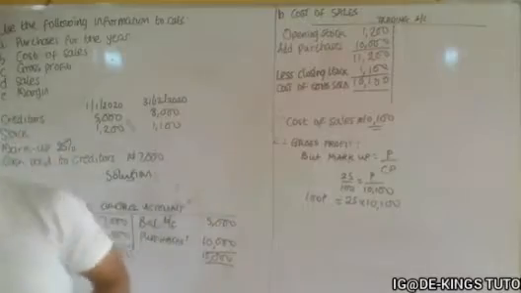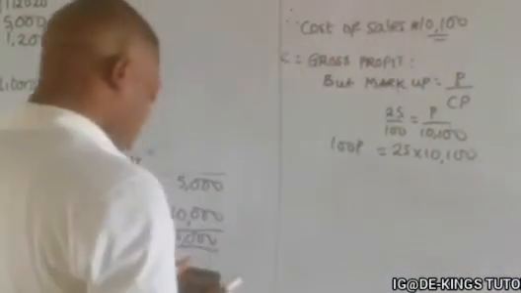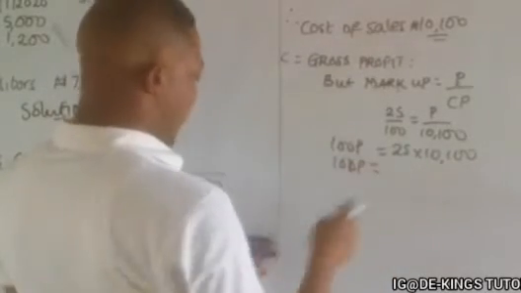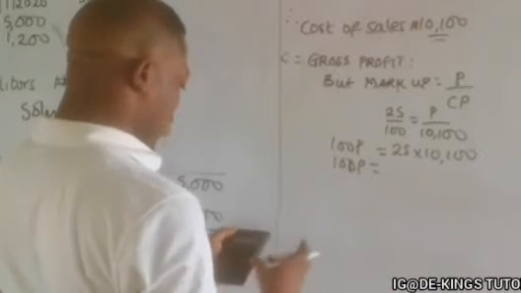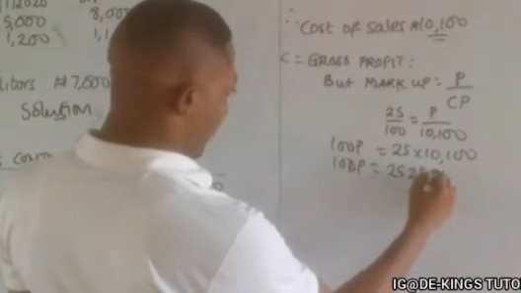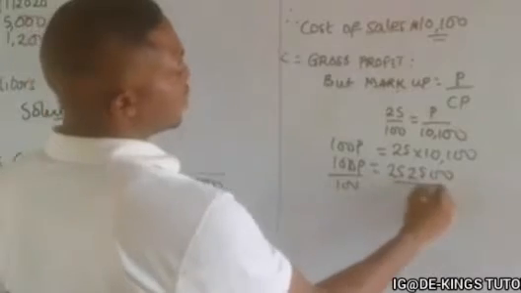Okay? Using our calculator, 25 times 10,100 will give us 252,500. And to get P, which is profit, we divide both sides by 100.